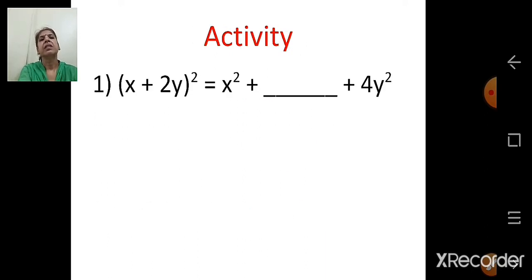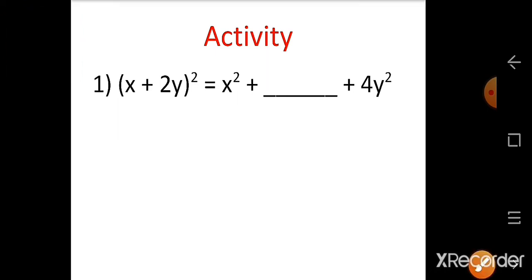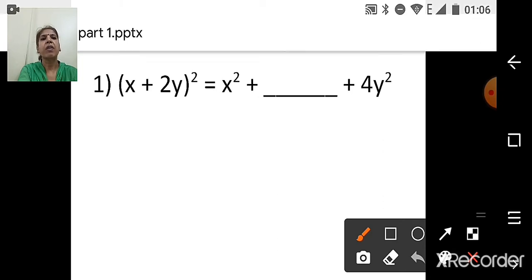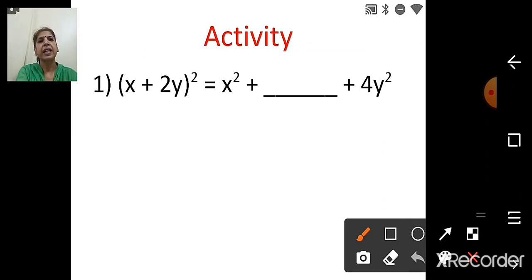Now this is a small activity based on the formulae which we studied now. It is in the form of fill in the blanks. First question is (x plus 2y) the whole square equals x square plus dash plus 4y square. Here, square of first term is given, square of second term is given.